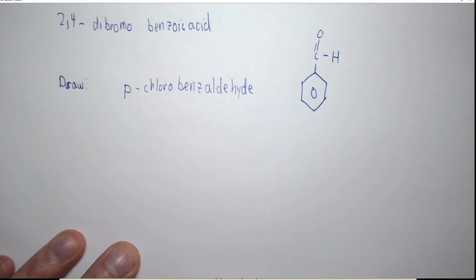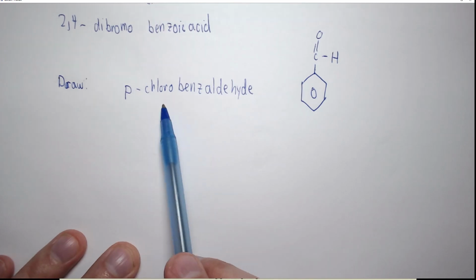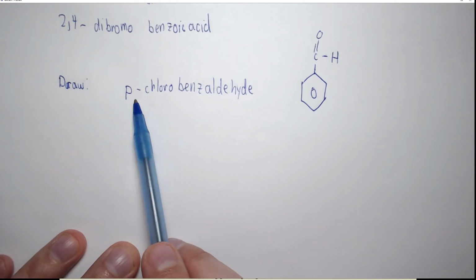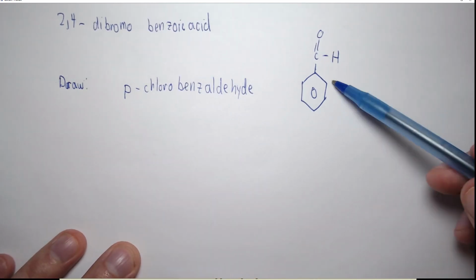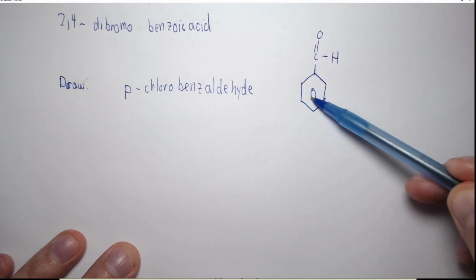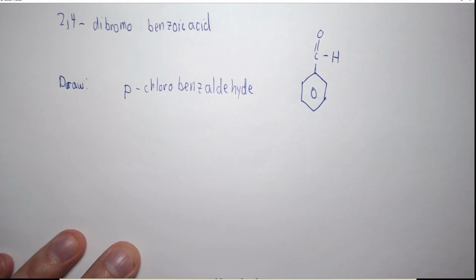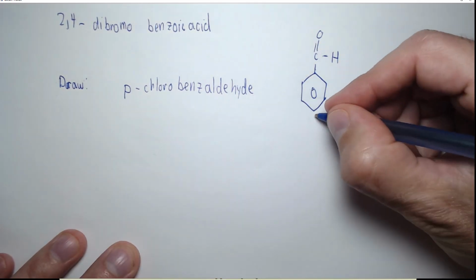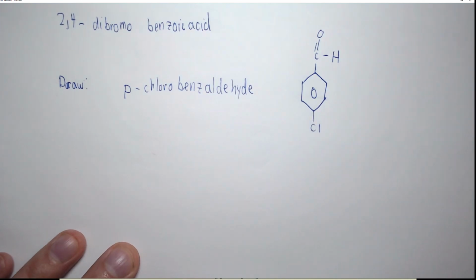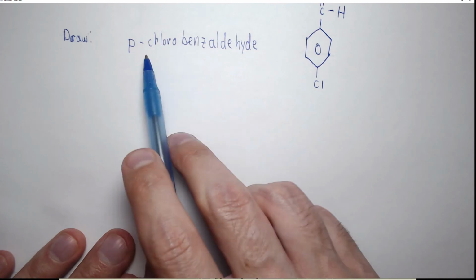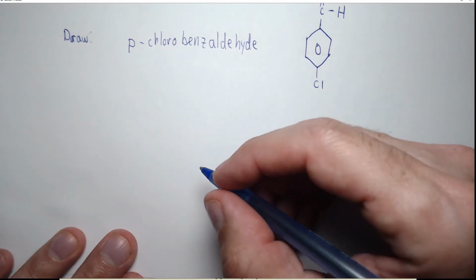This is an aldehyde. P-chlorobenzaldehyde. P means para. Remember, ortho, meta, para. There's only one para group. In this case, it's a p-chloro, so we put the chlorine at the bottom. This is p-chlorobenzaldehyde.